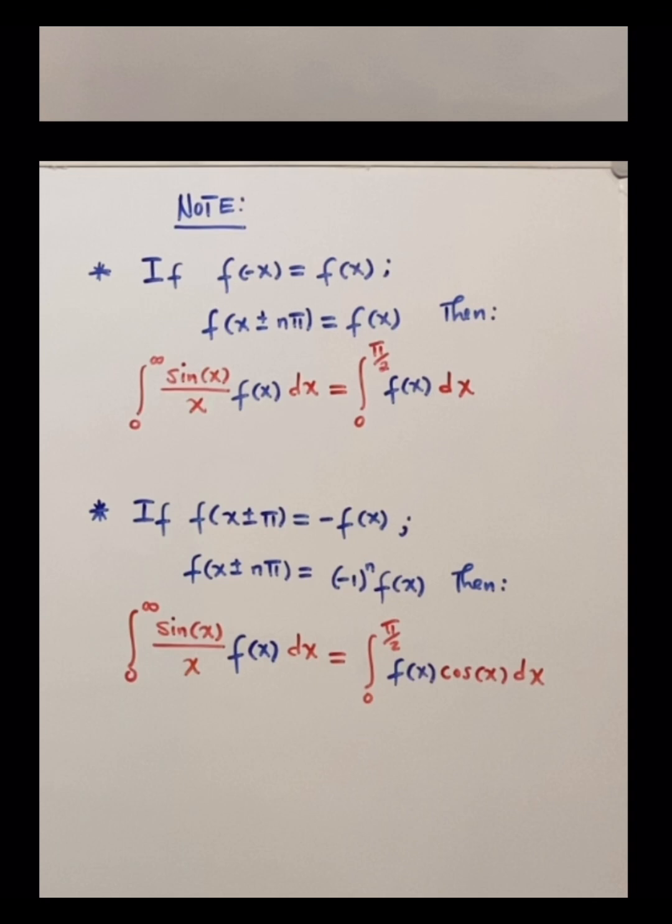So if the two conditions hold, then the integral from 0 to infinity of sine of x over x times f of x dx is just equal to the integral from 0 to pi over 2 of f of x dx. If you wish that we prove these theorems or these formulas, state it in the comment section and we're going to make a video with the proof of the Lobachevsky integration formula.